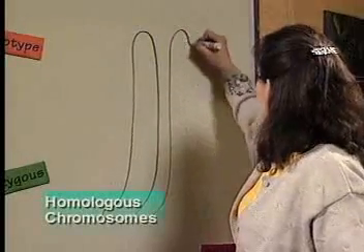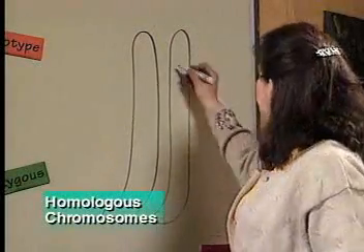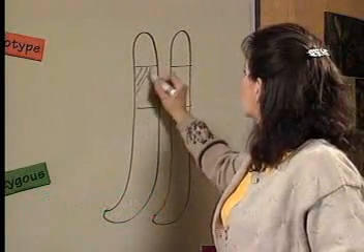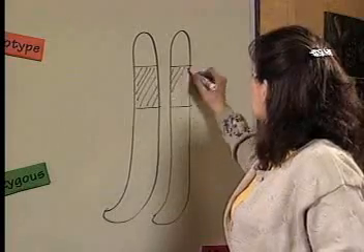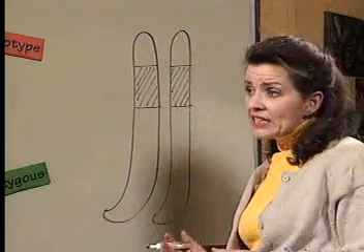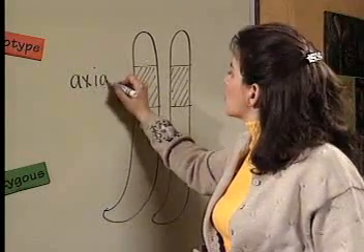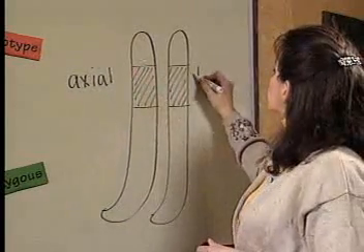Alleles, two or more forms of a gene, a specific location on a chromosome. Draw a pair of homologous chromosomes. We'll put the location for the gene flower position here. There are two alleles for this trait. Axial position and a terminal position.